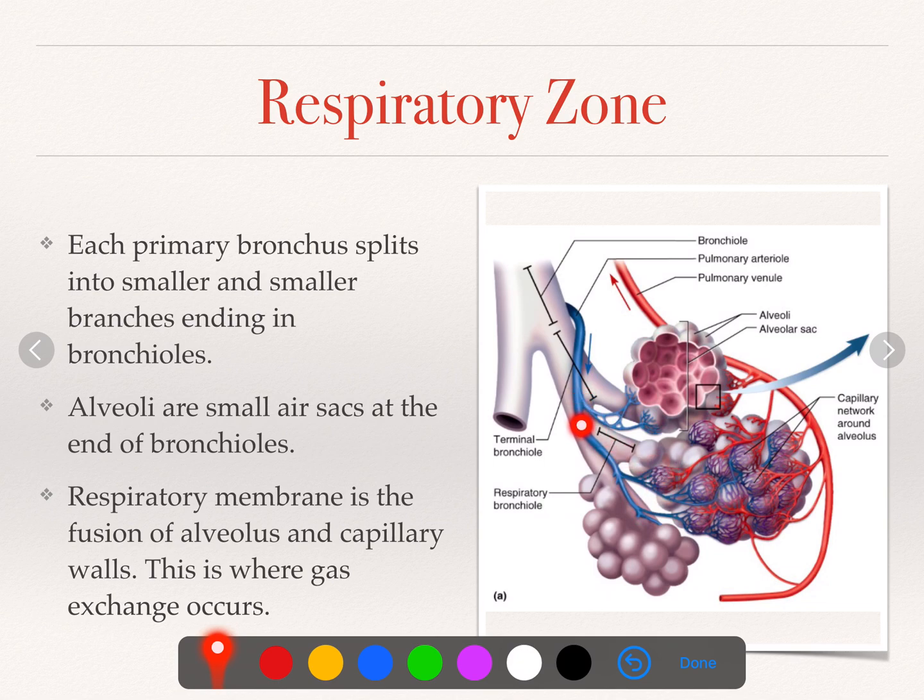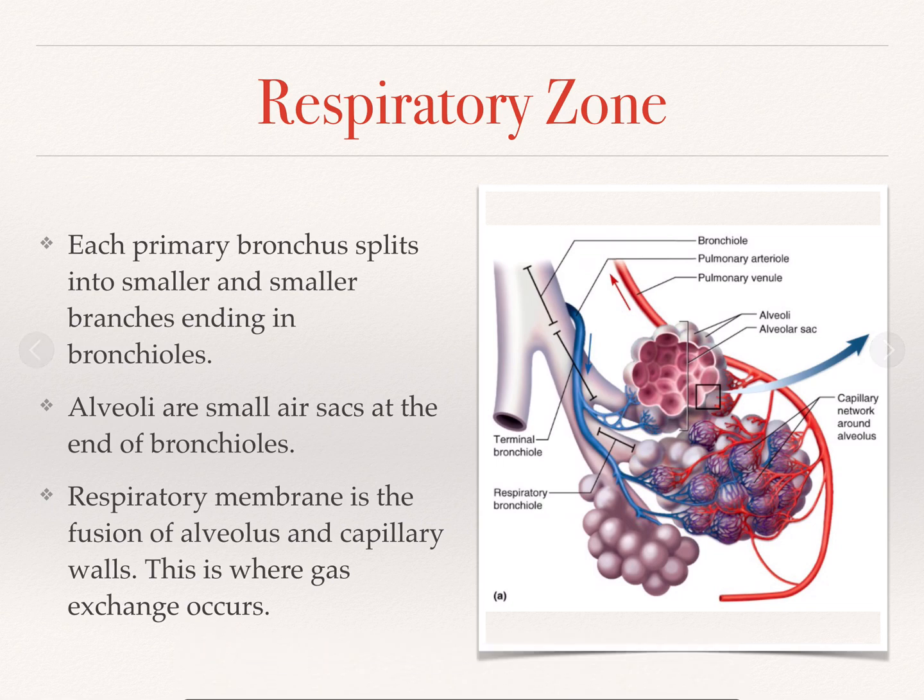Remember, these are the arteries that don't carry oxygenated blood. They give off the carbon dioxide, gather the oxygen, and then move into the pulmonary venules, turning into pulmonary veins, taking that oxygenated blood back to the heart to be pumped to the rest of the body. So that's how respiration happens.